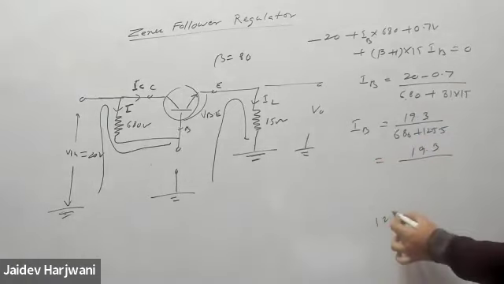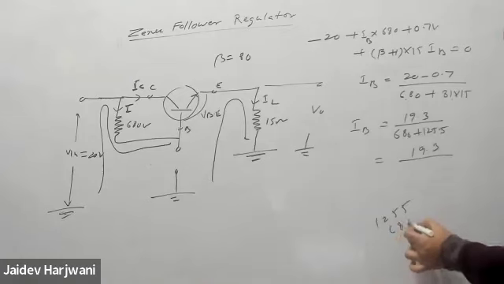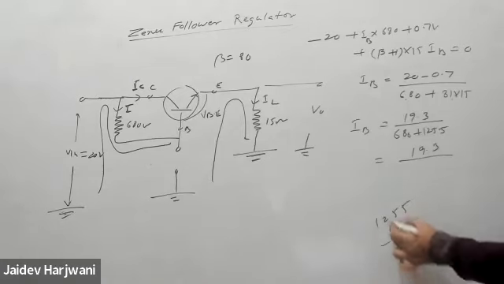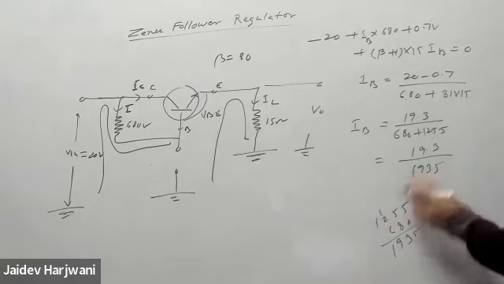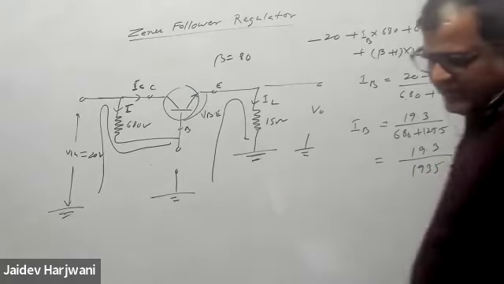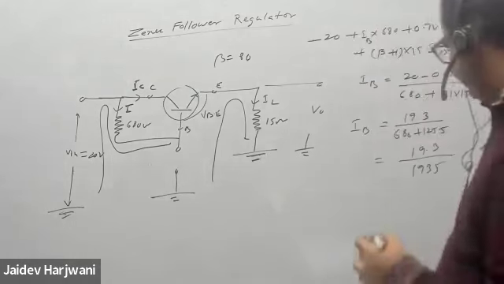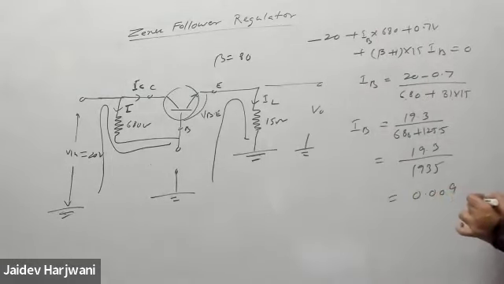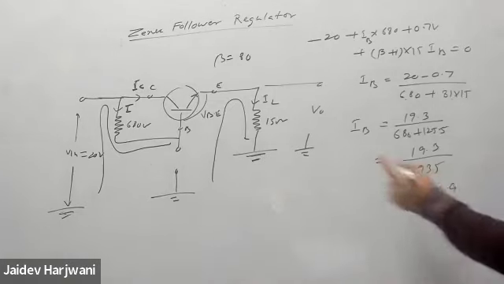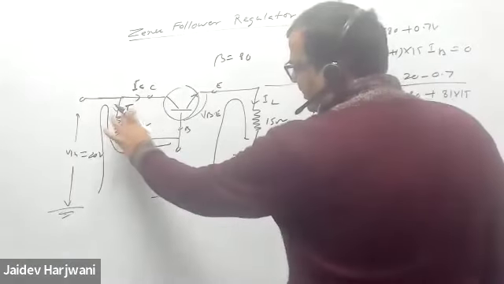Okay, 1895. How much is coming? Tell me what the value of IB is. 0.009. And this is the IB, and this IB is flowing here.